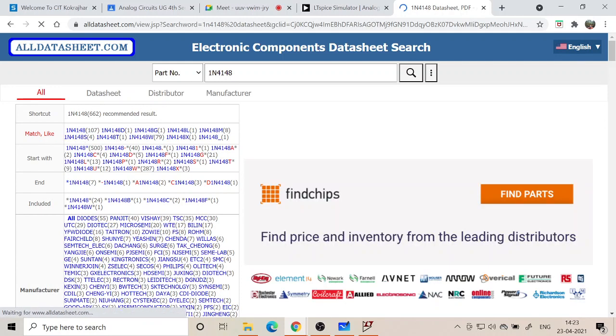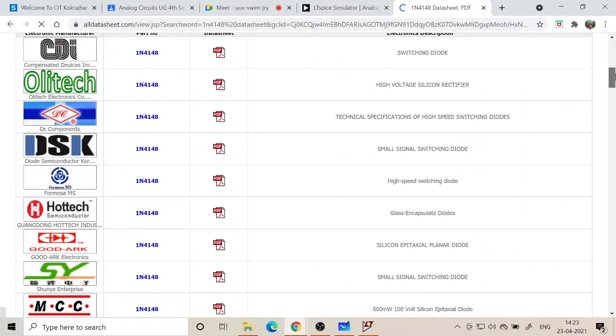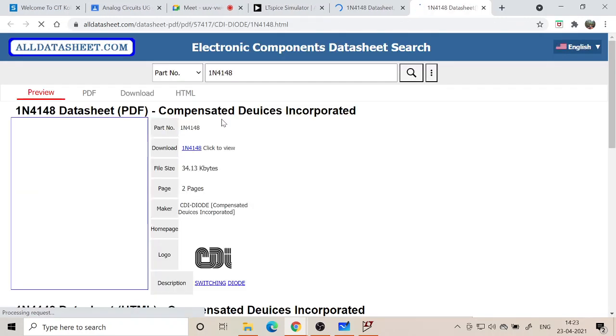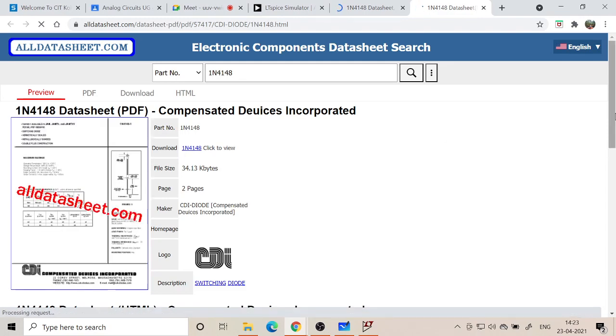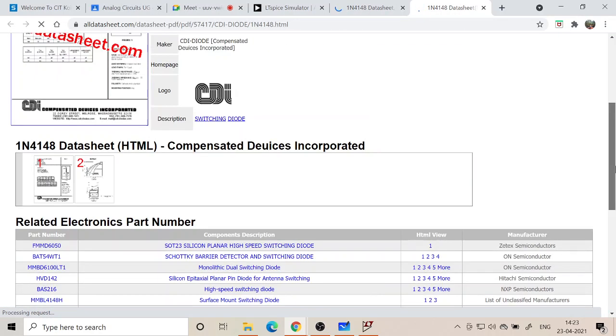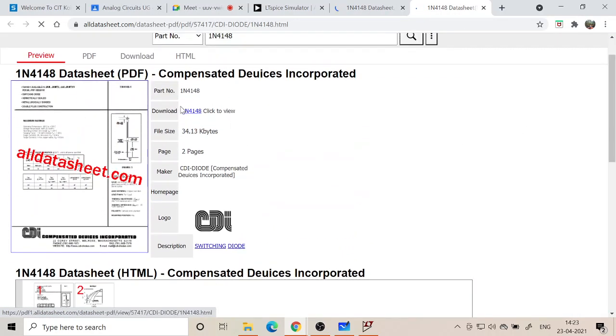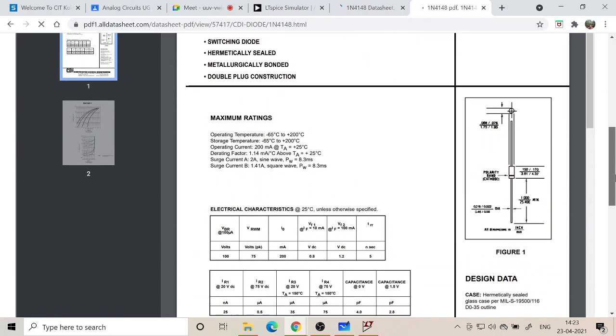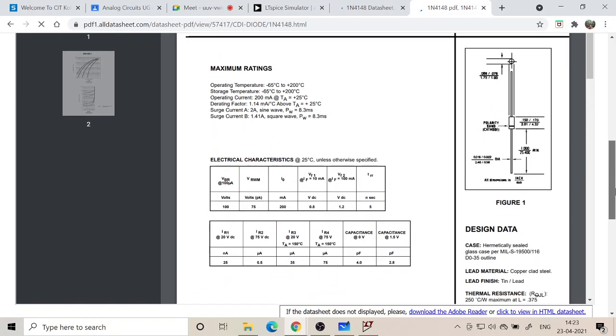The 4148 itself has various versions: there is a simple 4148, then 4148D, G, L, etc. There will be differences in each of these, and then there will be a PDF file. If you open the PDF file, this is the PDF file. It will show lots of details.